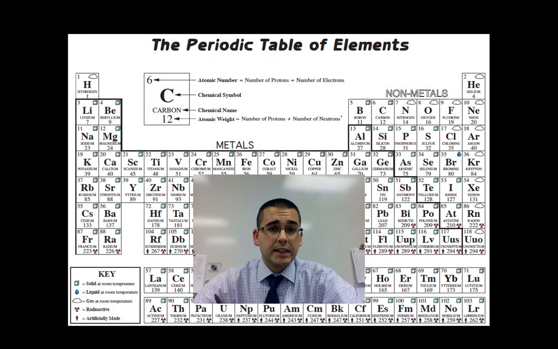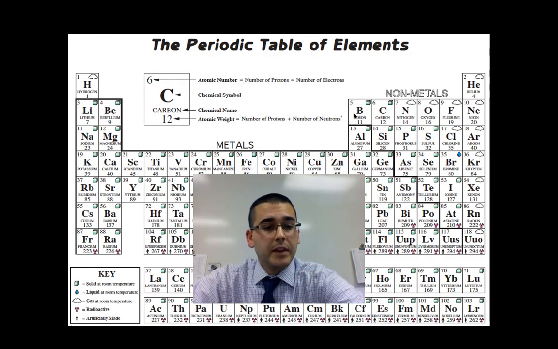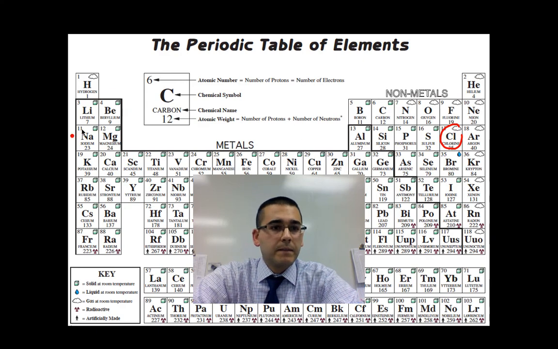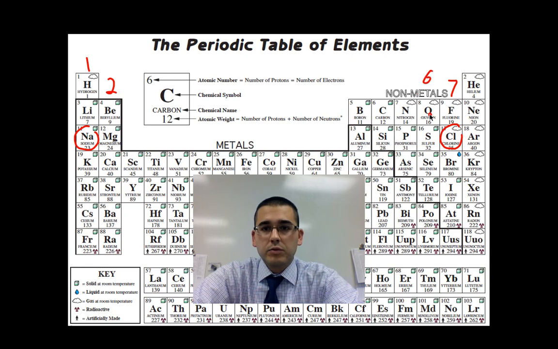Now, the very last thing is to look at the periodic table. The periodic table, we noticed that we drew chlorine and sodium together. All of these, remember, have 1 valence electron, and all of these have 7. So any element from this group loves to bond with elements from this group. The same thing with group 2 and the group with oxygen and sulfur and so on. So these like to bond together ionically.